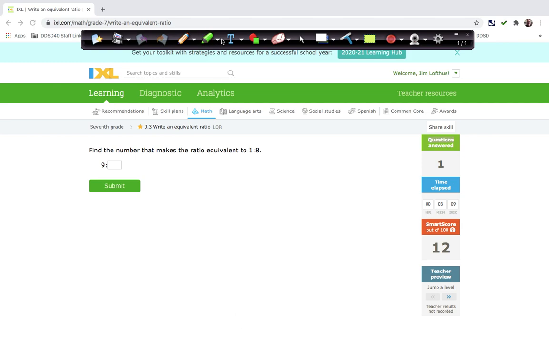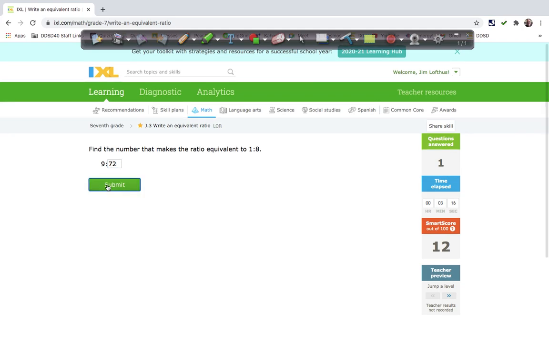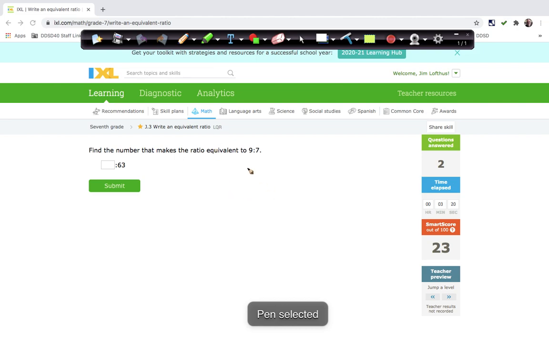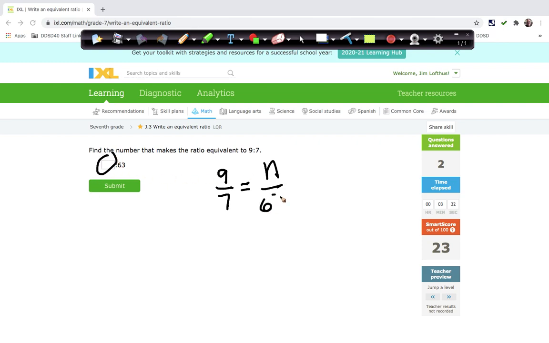And if I go too fast, go ahead and just back up and pause, please. So this is one where the order makes a very big difference. 9 to 7 equals n, that's the first number, to 63.